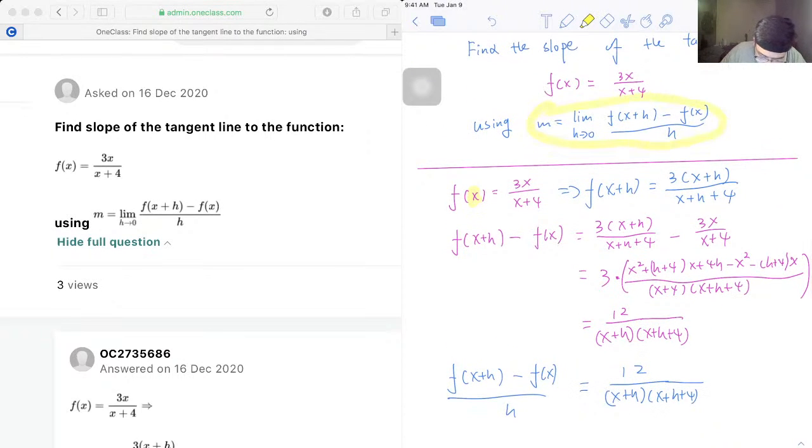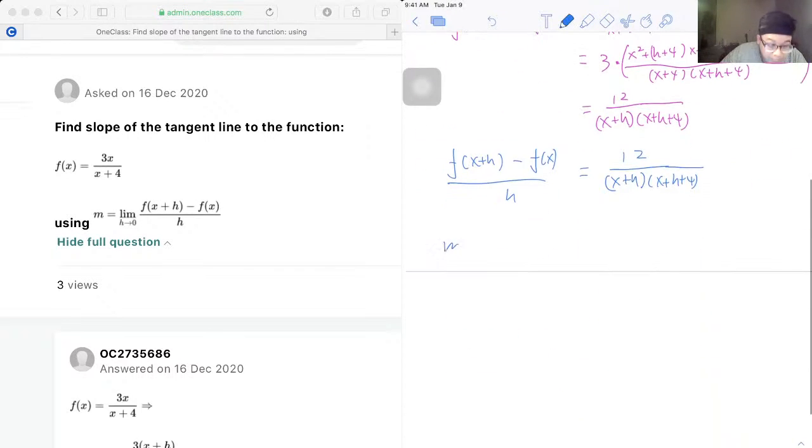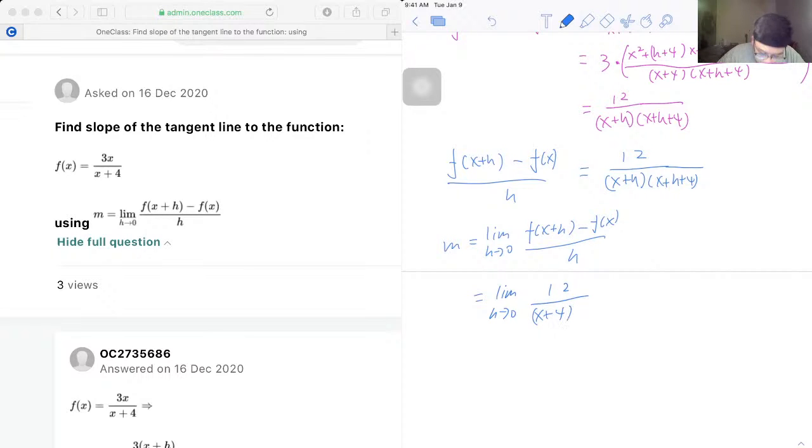Recalling this part, m is equal to the limit as h approaches 0 of f(x plus h) minus f(x) over h, and that will be equal to the limit as h approaches 0 of 12 over (x plus 4) times (x plus h plus 4).